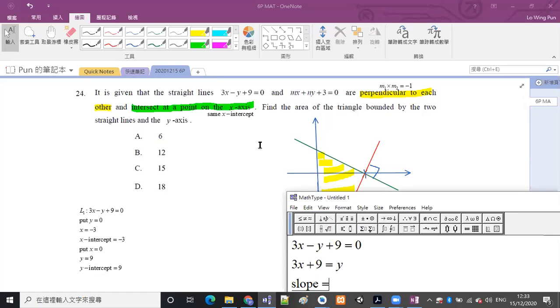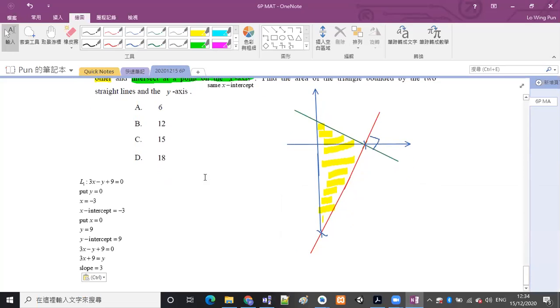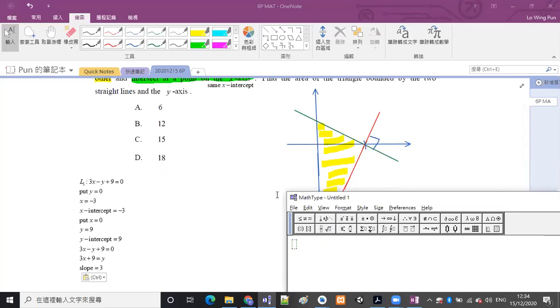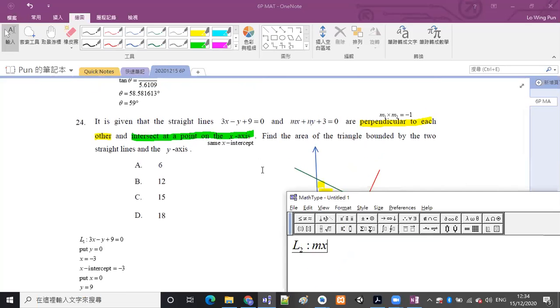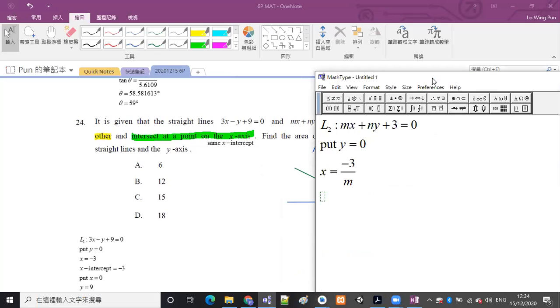is equal to 3。揾咗三樣嘢出嚟先，L2 都係一樣。不過今次 L2 由於有 m 同埋 n 呢兩個未知數，mx plus ny plus 3 equals 0。咁所以我哋會擸到啲未知數出嚟嘅，put y to be 0, and then x will be equal to -3 over m。Okay, so the x-intercept is equal to -3 over m.